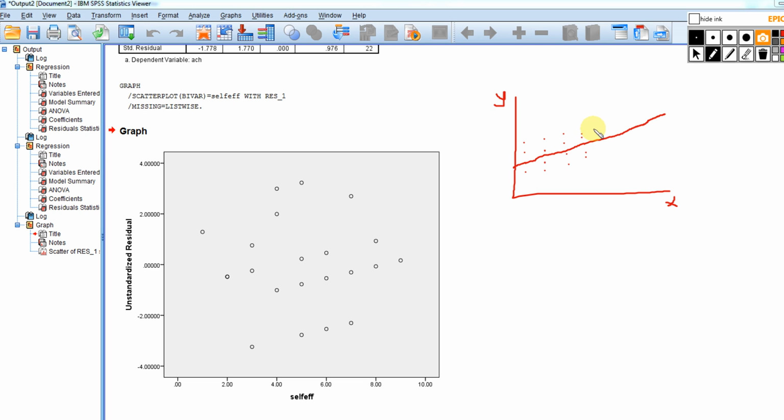And so if you think about it, the positive and negative residuals ought to cancel out, meaning that the sum of the residuals, and also by extension the mean of the residuals at each value of x, would be 0.